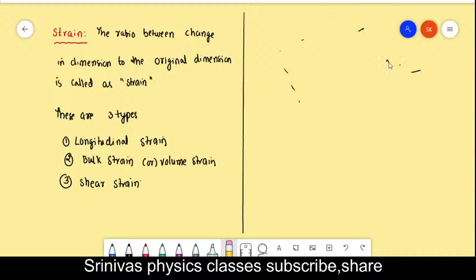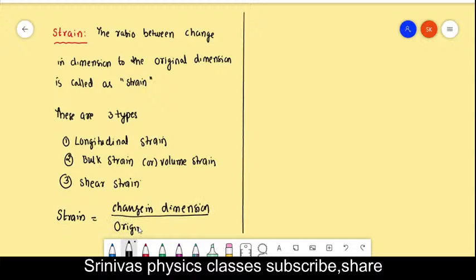Actually, strain formula is what? Strain formula is change in dimension by original dimension.